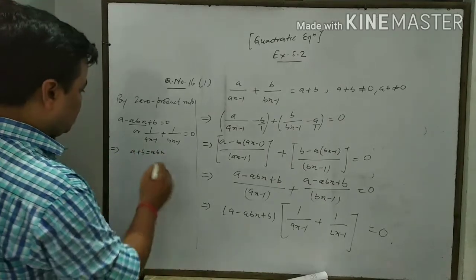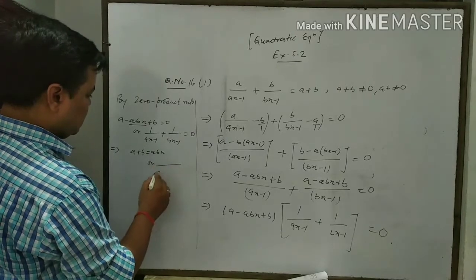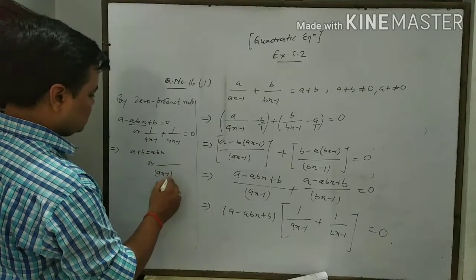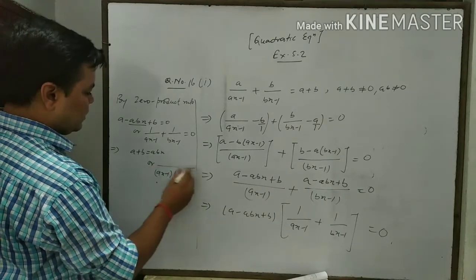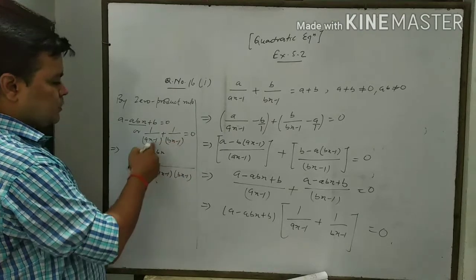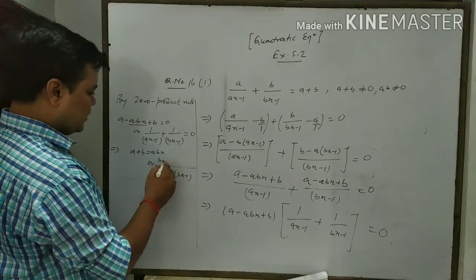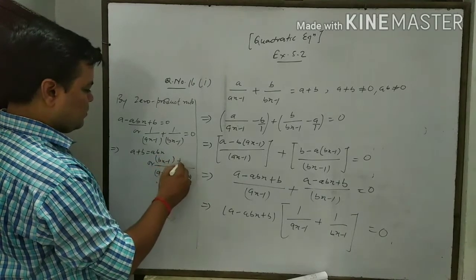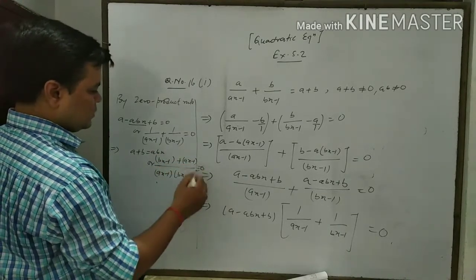Or we can write here ax minus 1, bx minus 1, because the LCM of this and this will be equal to its product. Then it will be bx minus 1 plus ax minus 1 equal to 0.